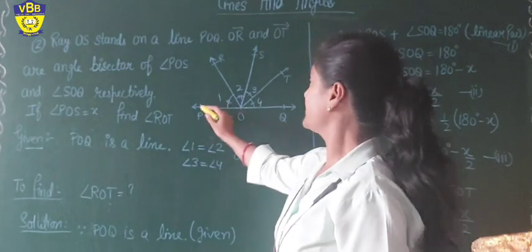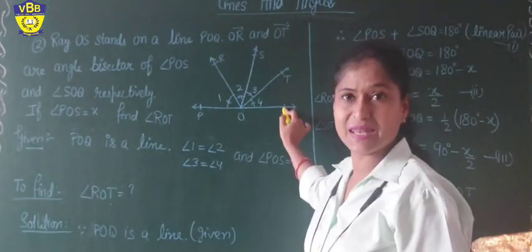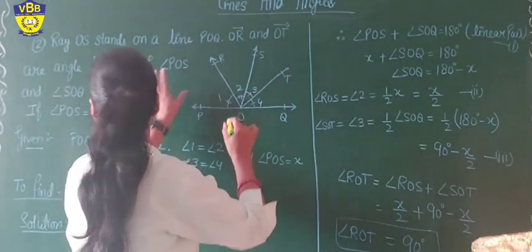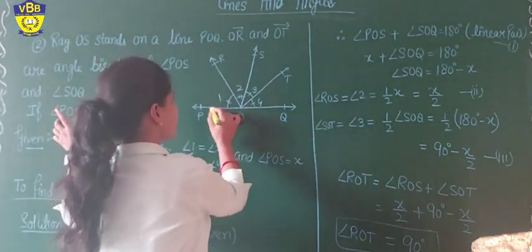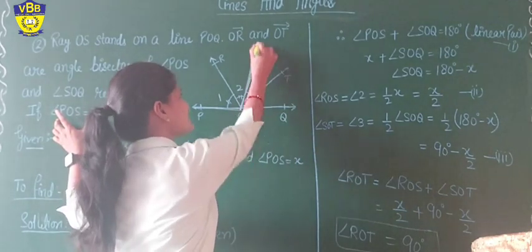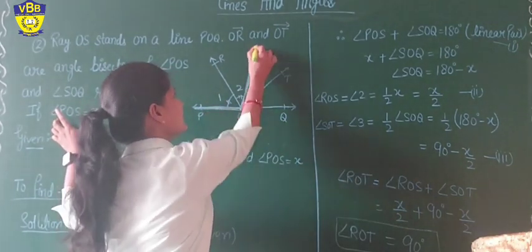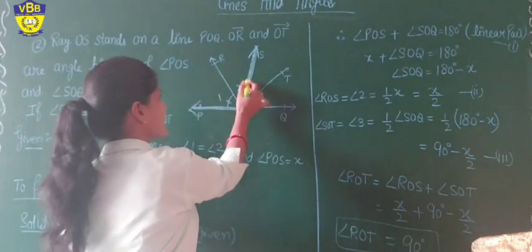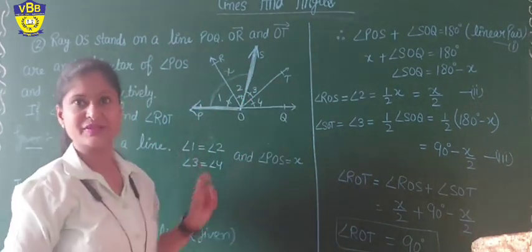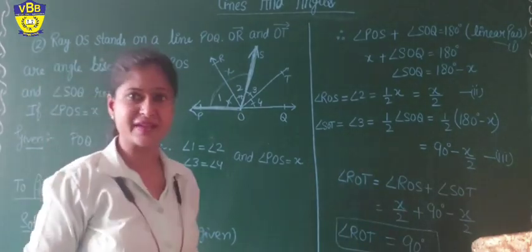I am taking POQ as a line, in which this part is given as POS. This angle is represented as x, this angle as x, and this angle as x.